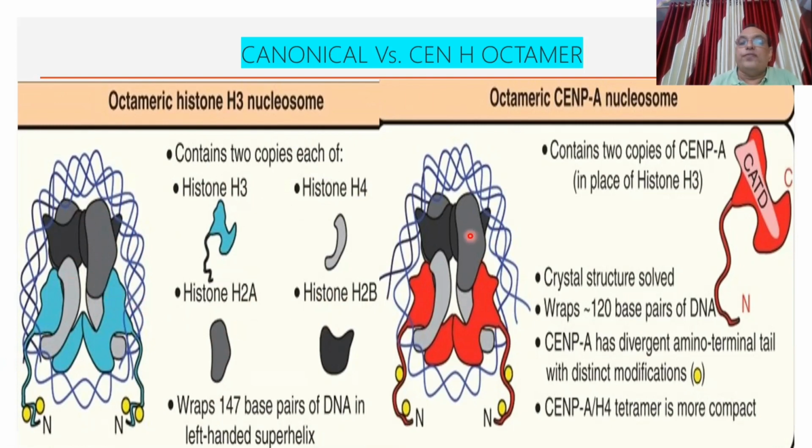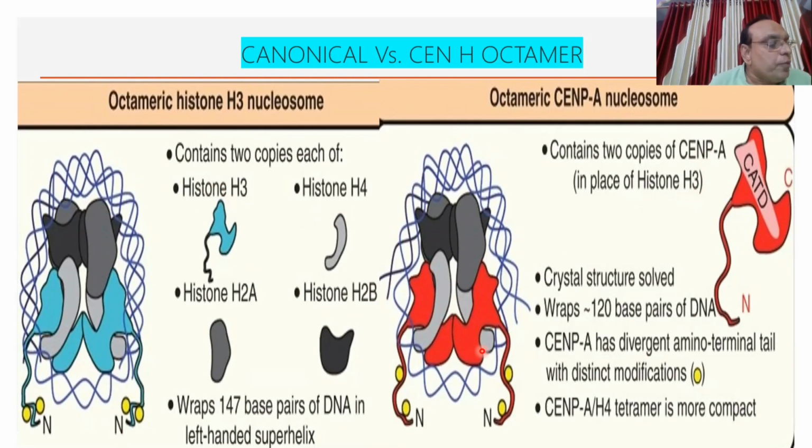But in the case of the CNP-A, CEN-H3 nucleosome, what happens? Histone H3 has been replaced by CNP-A or CEN-H3, and this CEN-H3 forms the tetramer along with the 2 molecules of H4. And this CEN-H3 H4 association is more compact than the histone H3 and H4 association.